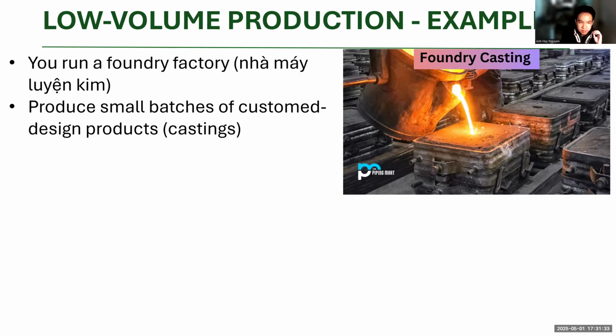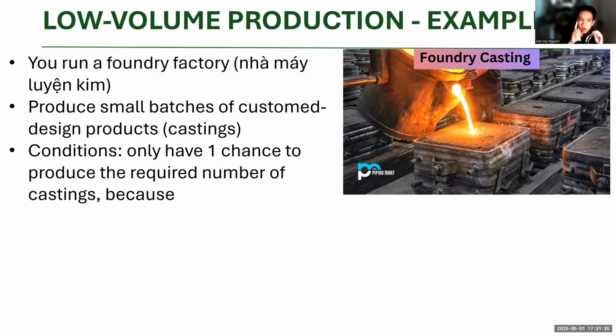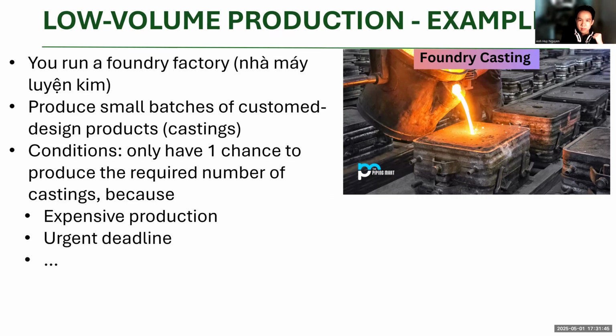This is the problem. You only have one chance to produce the required number of castings, maybe because the production is expensive or the deadline is very urgent or something else. So in this case, you need to consider the probability of producing a good casting.